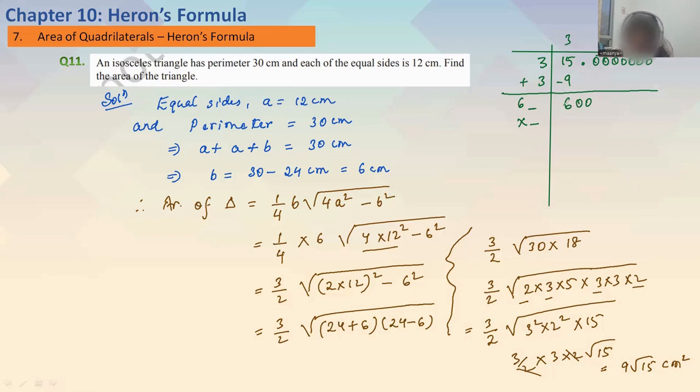Okay, I think that's 9. 69 into 9 is 621, so I think it's 68 into 8, which is 544. This is 56, right?